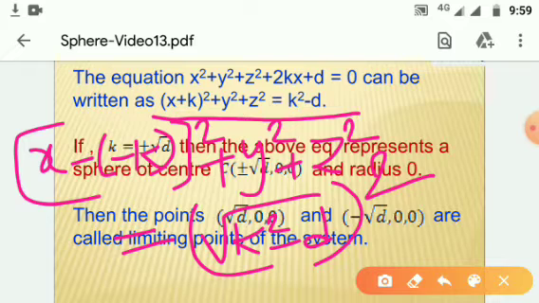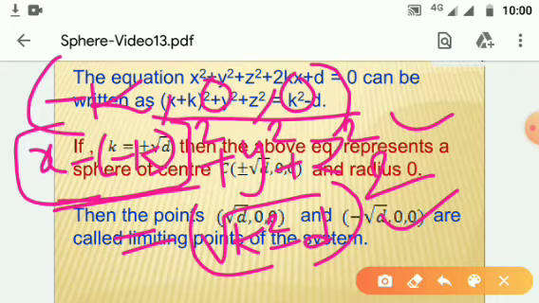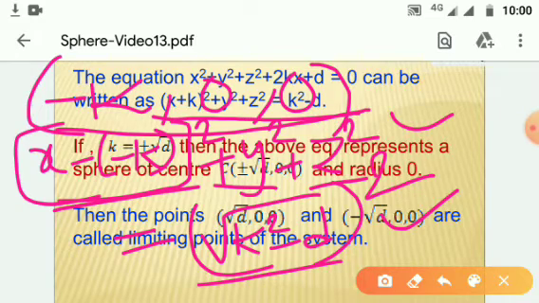So this is in the center and radius form of the sphere equation. So from this we can write the center of the sphere is minus k 0 0, because x minus of minus k whole square can be compared with x minus a whole square. Therefore a is equal to minus k, and similarly b is equal to 0, c is equal to 0. Then the center is minus k 0 0 and radius is root k square minus d.